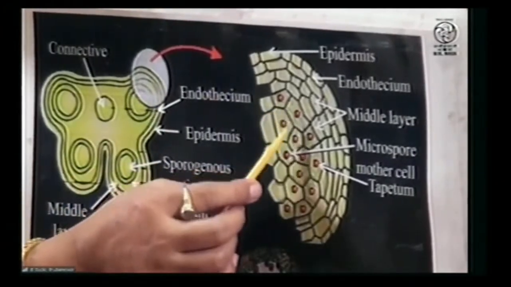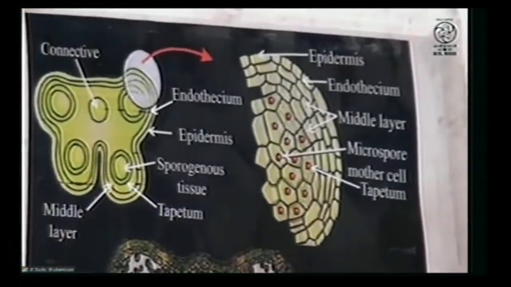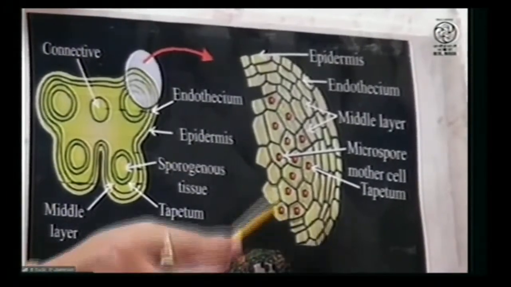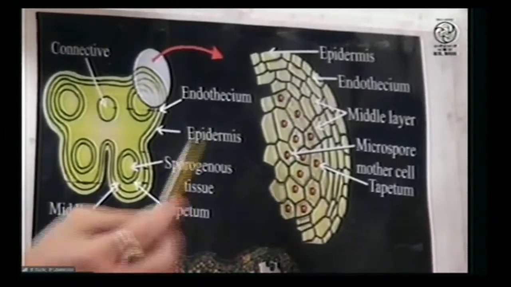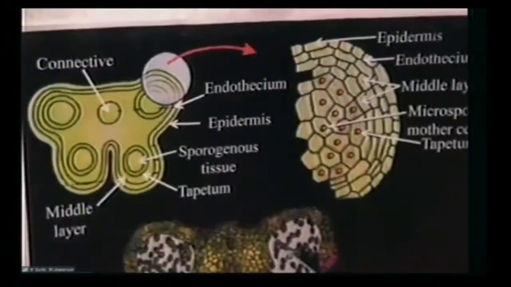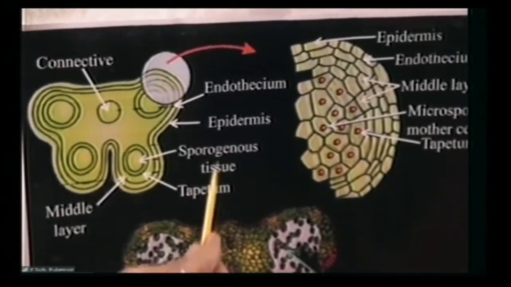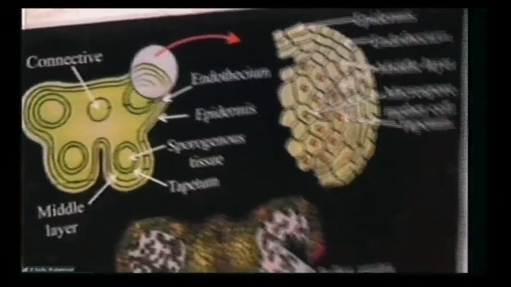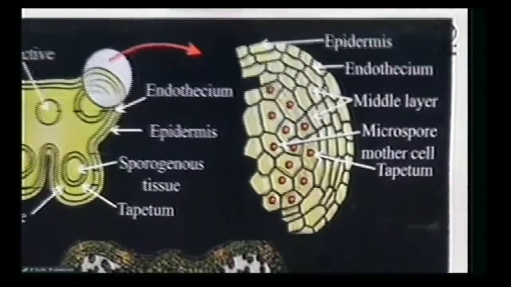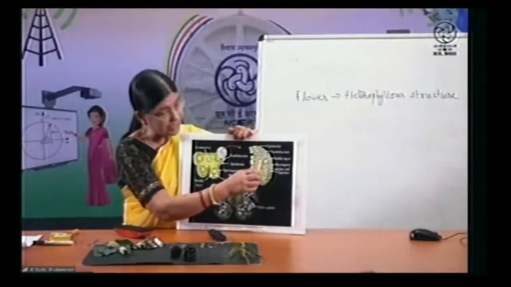You can find here the cells are much larger, and these cells look different from the rest of the layers. These tapetal cells are large in size, they contain dense cytoplasm, and they are in the binucleate to multinucleate condition.